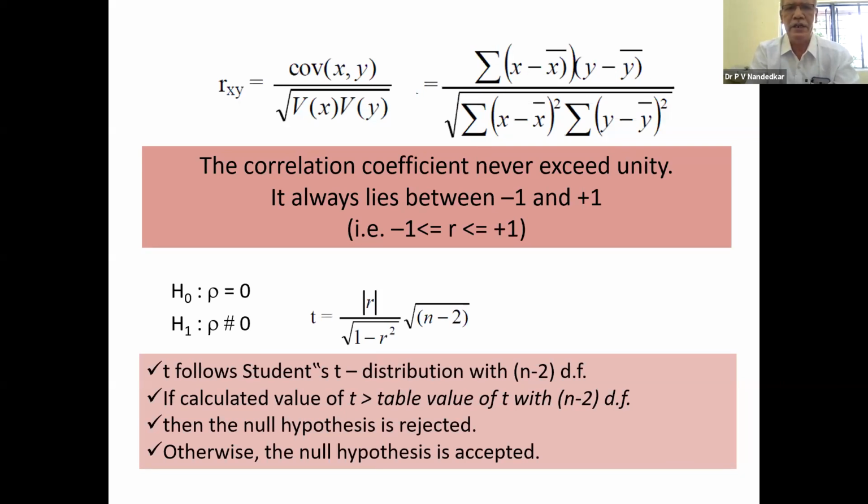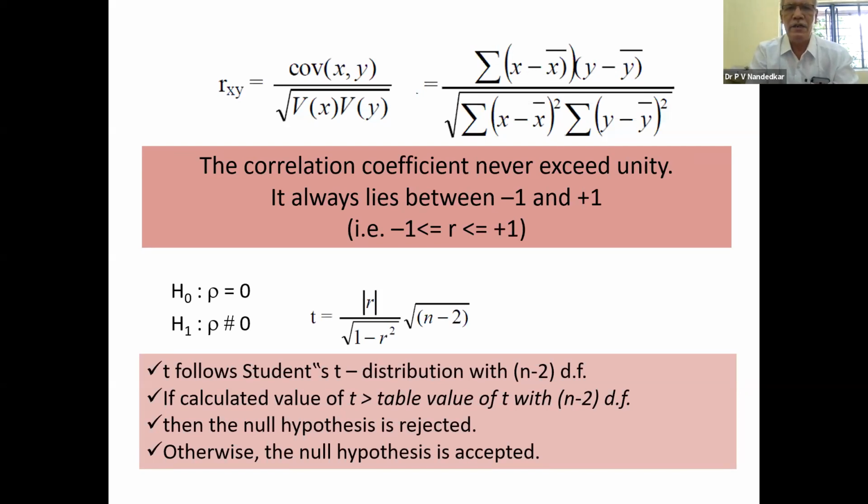Another way of calculating the correlation coefficient is finding how far each individual observation of the x variable is from the mean, and similarly finding how far each individual observation of y is from the mean of y. Their product, when summed up together, forms the numerator.